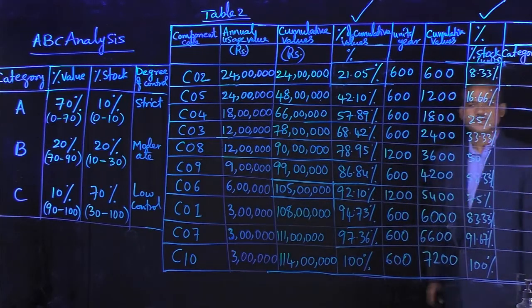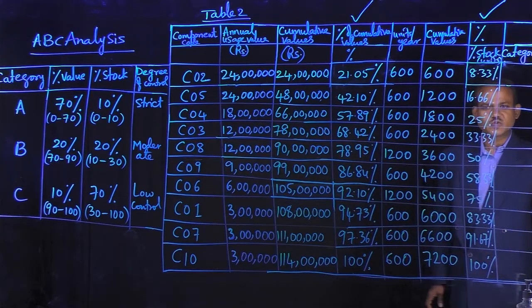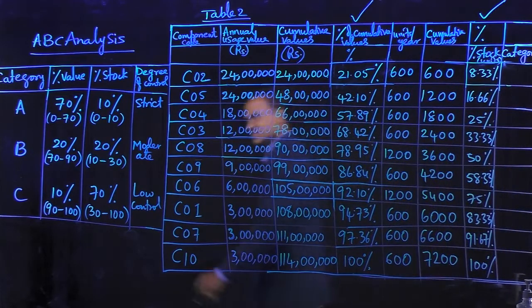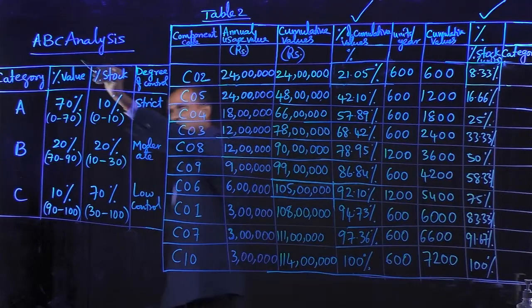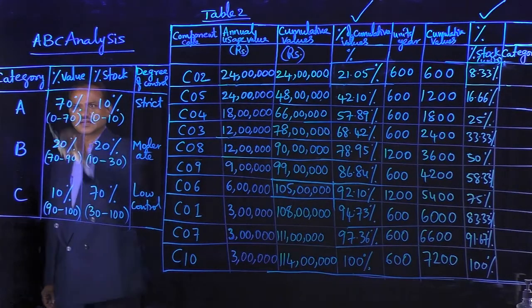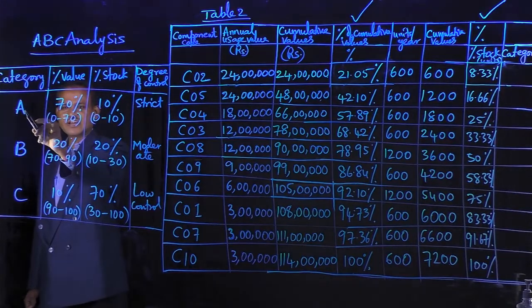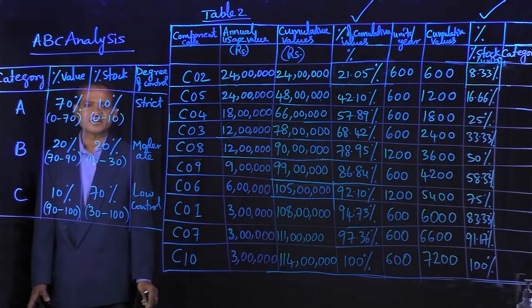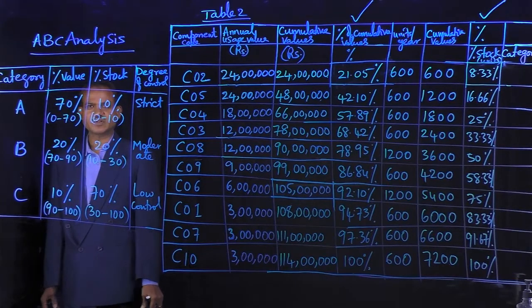So for classification of each category of item, we need to remember the ABC analysis table. That means this is the ABC analysis table. Observe, there are three categories of items: A class, B class, C class. A class means high cost items.